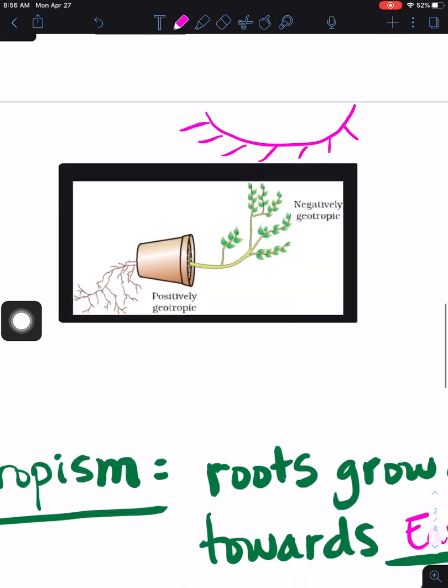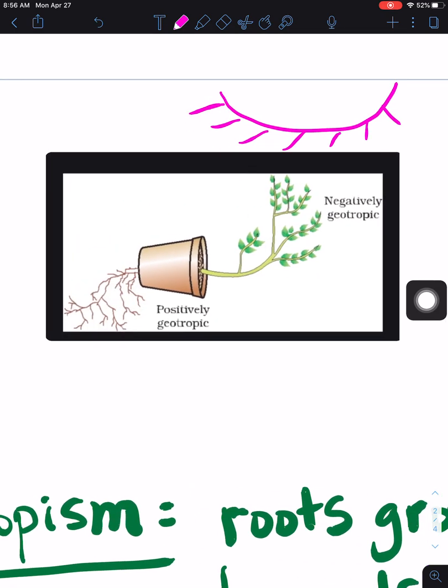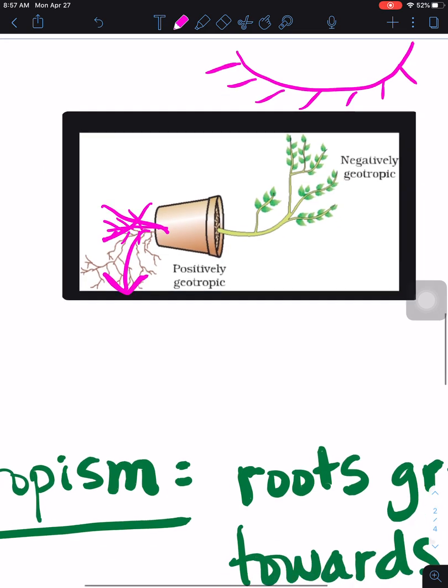But I want to go back to this picture. Some people think that when the pot is knocked over, the stem and leaves will grow up toward the light, but they think the roots are still going to be growing straight out this way. But remember, because of gravity, they will not grow straight out. They're going to go down towards the earth. So don't forget that part.